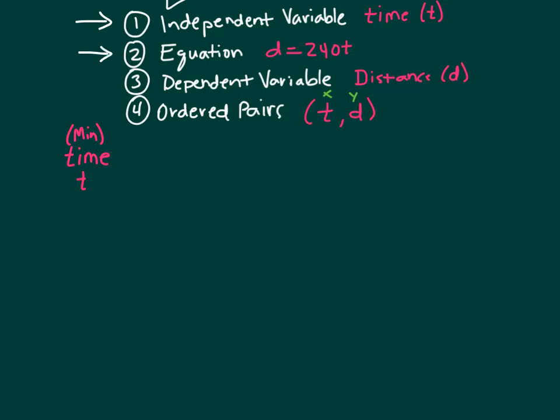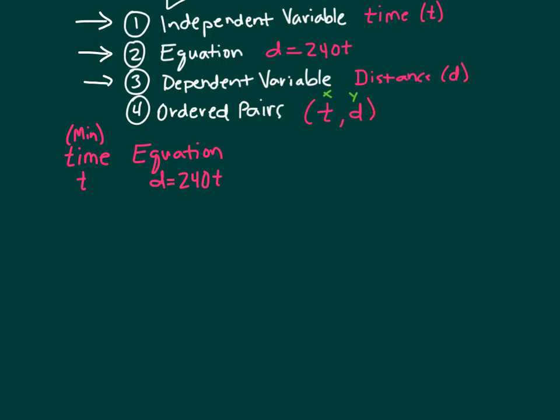My second column is my equation. I'm going to put my equation in here, and you can write the word equation if you want to. You don't have to. You could just write your equation, which happens to be D equals 240 times T. Then my third column is my dependent variable.